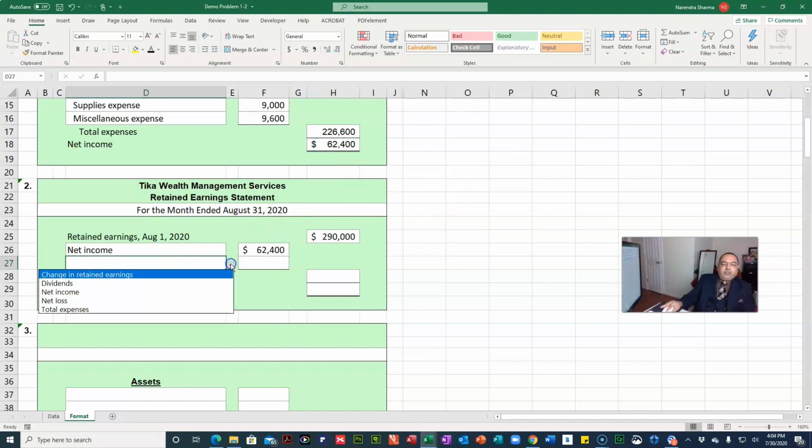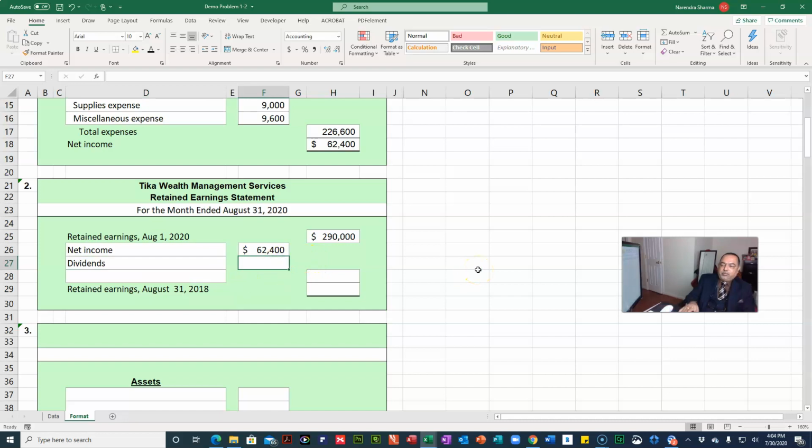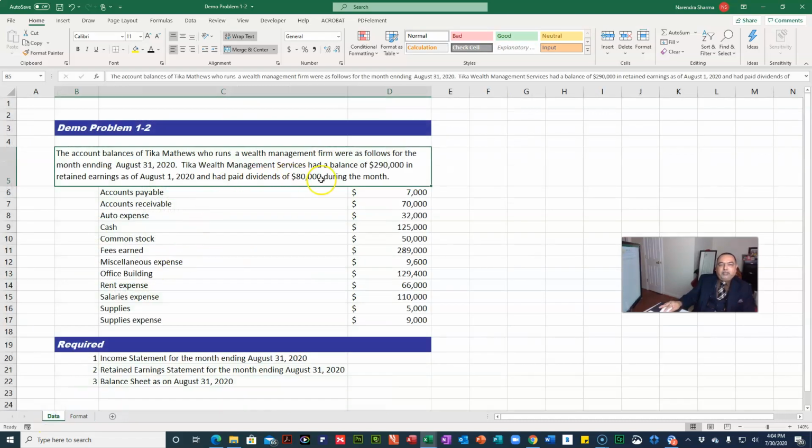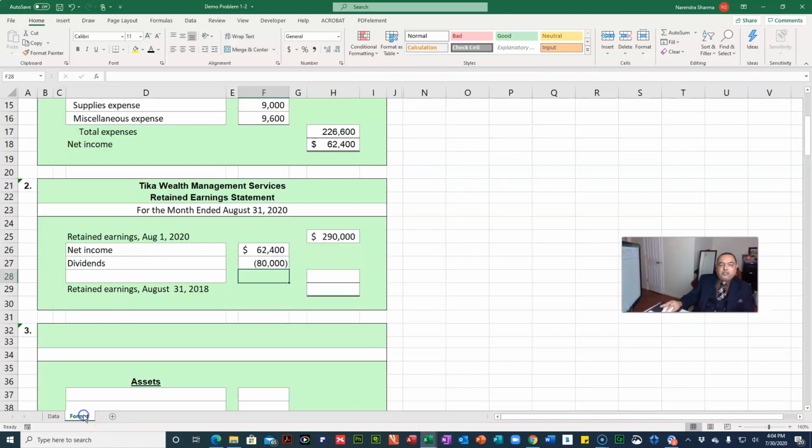And then, of course, I'm going to do the dividends. Remember, dividends has to be within parentheses. So it was 80,000. Remember, in the problem again, here it says has paid dividends of 80,000 during the month. So that's the dividend.